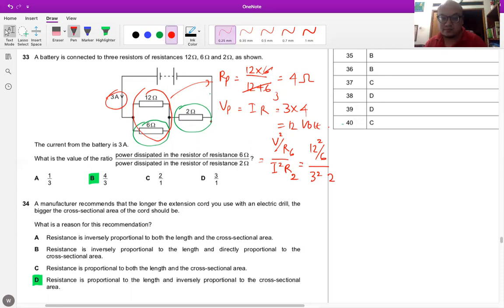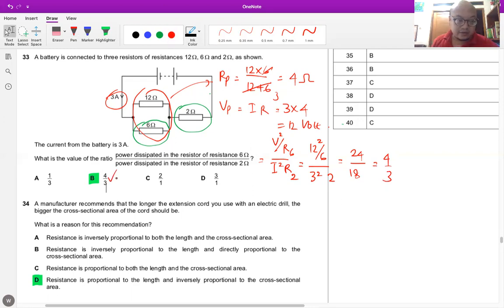So this is like 12 squared divided by 6, over 3 squared times 2. Oh, wait, this is 24 over 18. Oh, yes, correct, this is about 4 over 3.